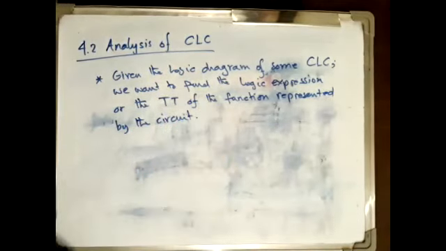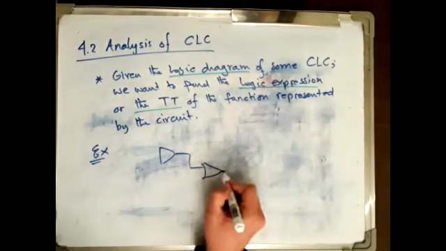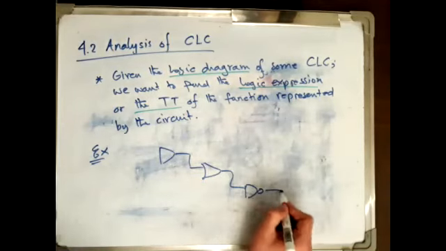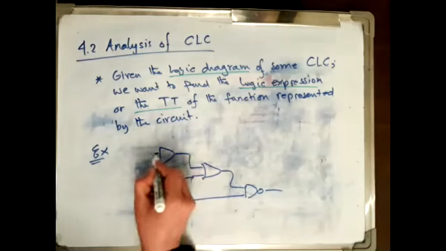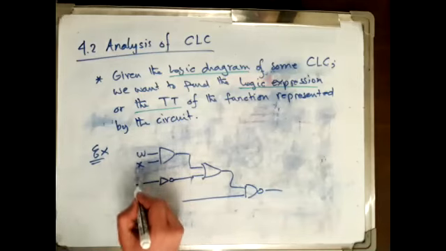So it's very simple. For example, if we give you this, we have here, let's say, W, X, Y.